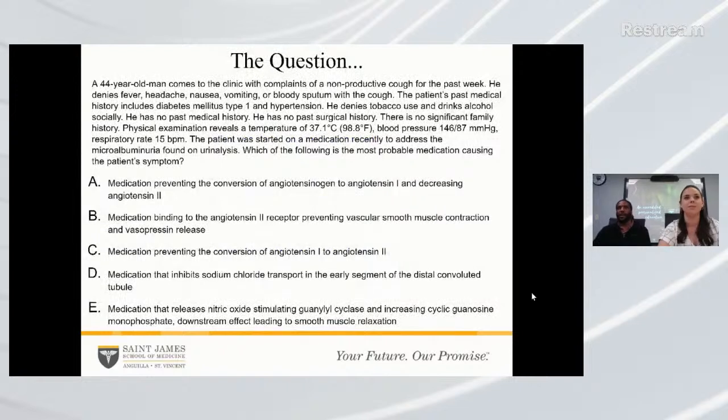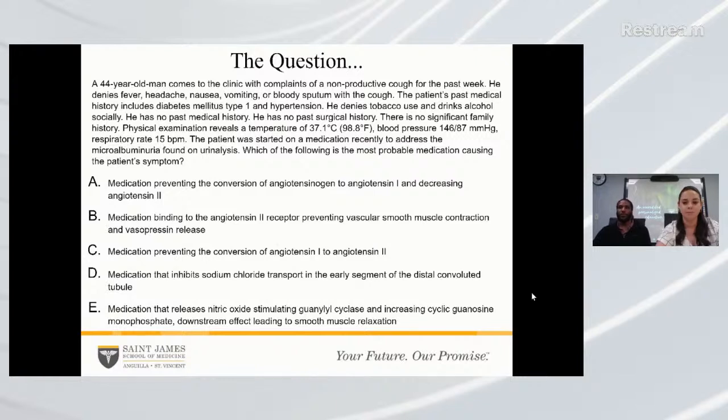So the question that was asked was, a 44-year-old man comes to the clinic with complaints of a non-productive cough for the past week. He denies fever, headache, nausea, vomiting, or bloody sputum with the cough. Patient's past medical history includes diabetes mellitus type 1 and hypertension. He denies tobacco use and drinks alcohol socially. He has no past medical history other than what was listed above. He has no past surgical history, and there is no significant family history.